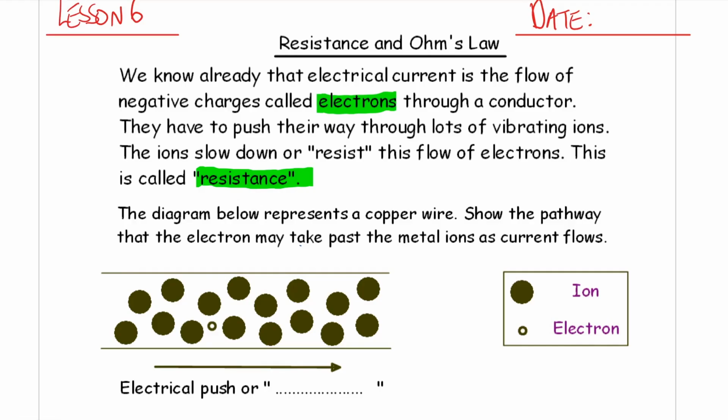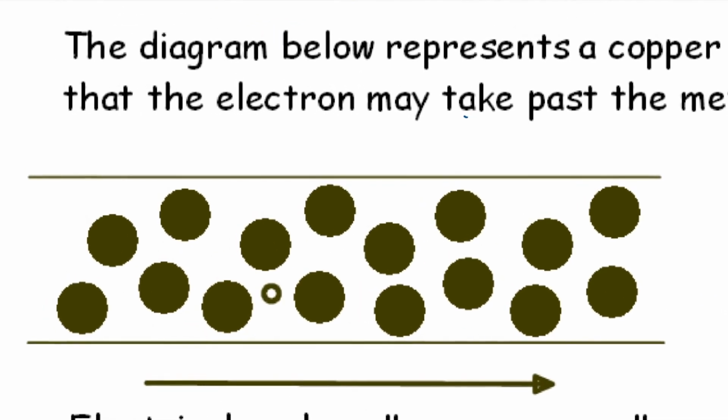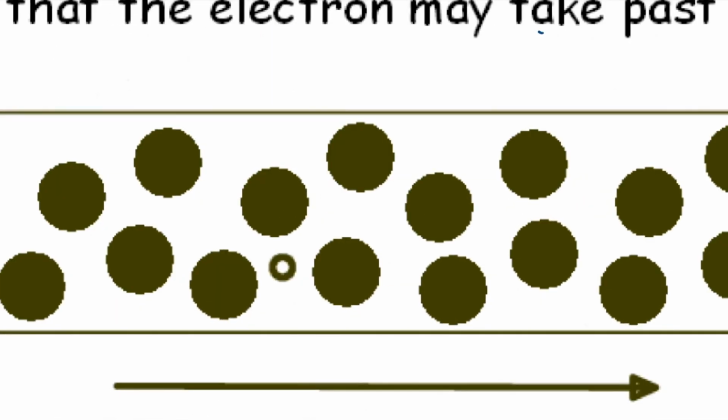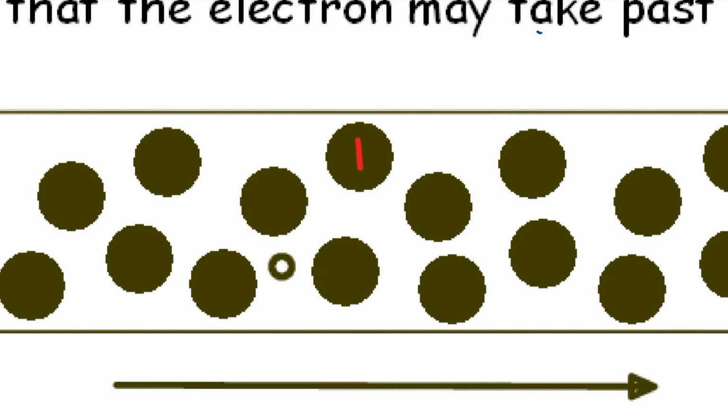The electrons are negative because they have broken free of the atom, leaving the ion positive and the negative electron. So what you've got then in a wire, in a conductor, are these positive ions and these negative electrons.